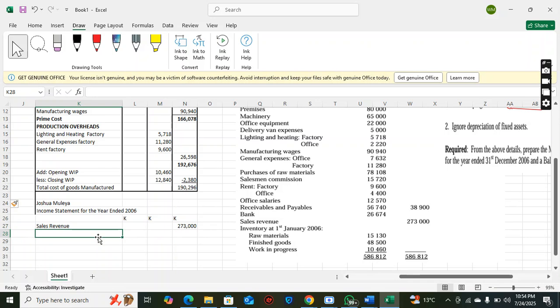The next thing now. Yes, opening inventory for finished goods. Here, finished goods opening inventory 48,500.